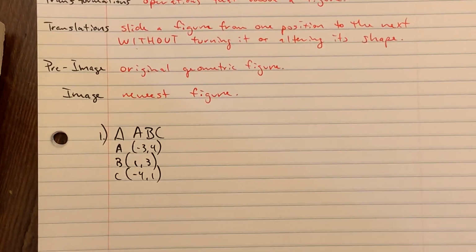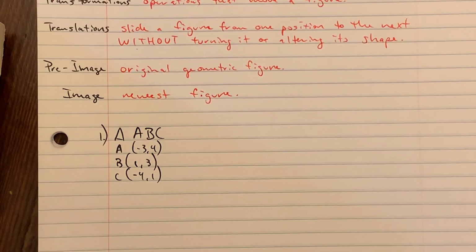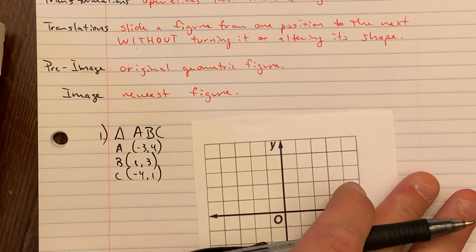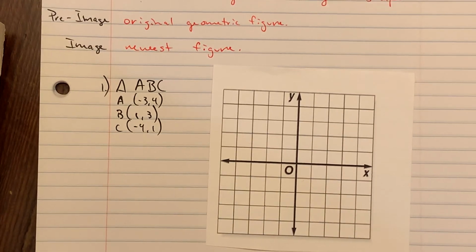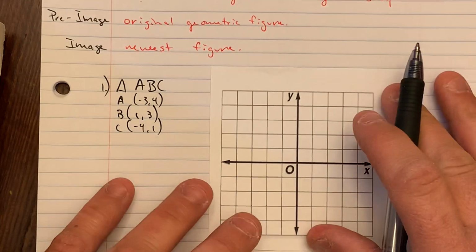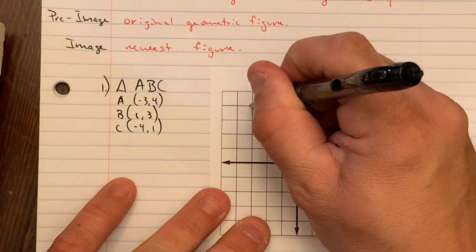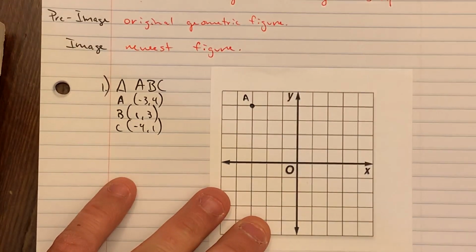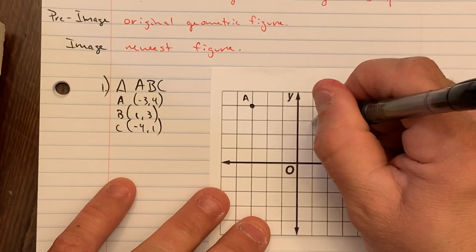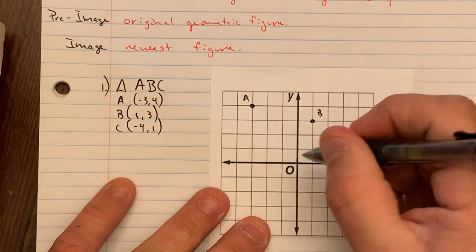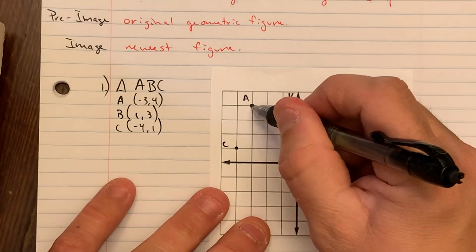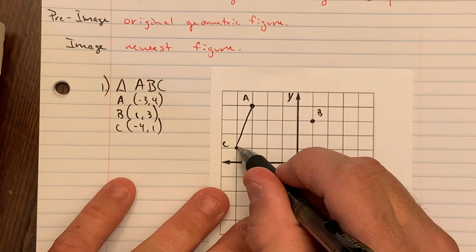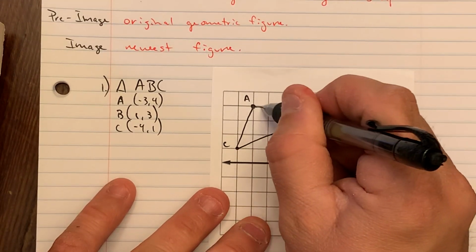So let's take our graph page and put these three points on there to create a triangle. We have A, we have B, left 4 up 1, we have C. It's important to label our points so we know exactly which one is which.